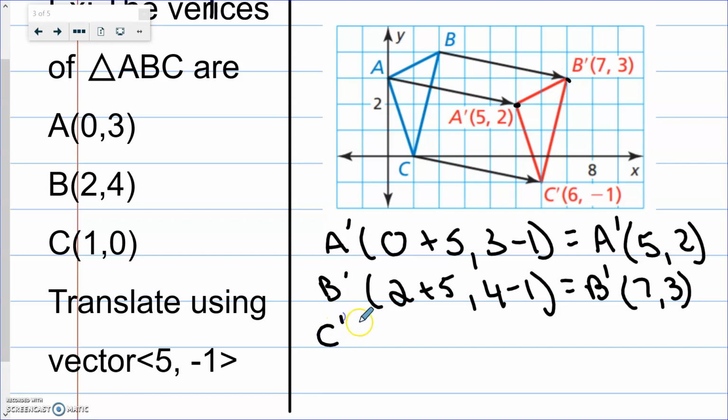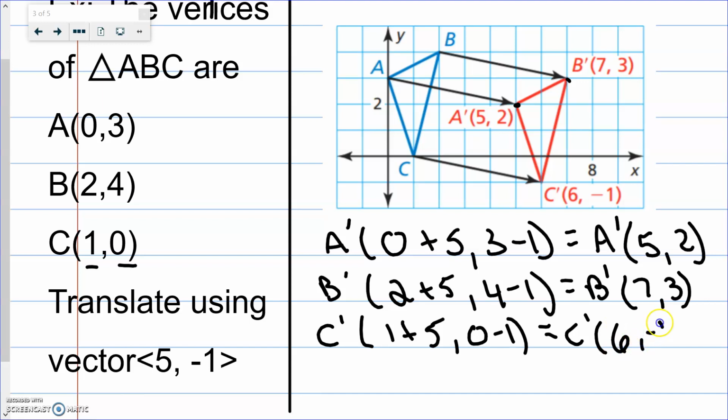And C prime is found by taking 1 plus 5 and 0 minus 1. So now we get C prime, which is 6, negative 1. So this vector tells us which way to move, and we use our original points to move.